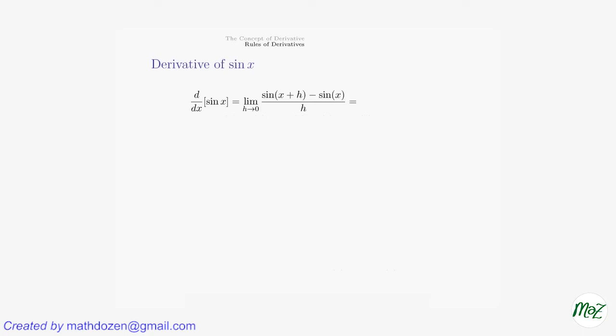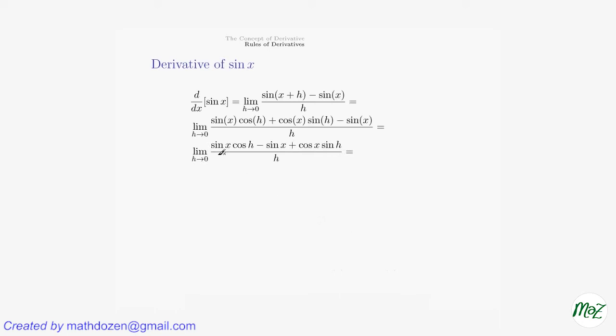Okay, so we keep going. Instead of sine of x plus h, we use the trigonometric identity. And we get the limit as h goes to 0 of sine x cosine h plus cosine x sine h minus sine x. What we'll do next, we'll rearrange the terms and move this negative sine x in the middle, like that.